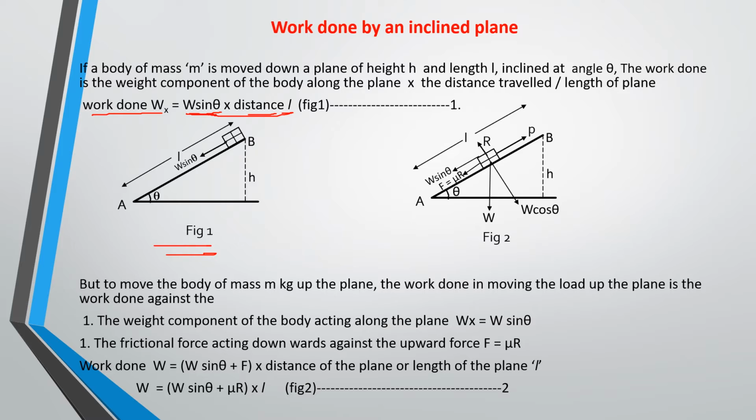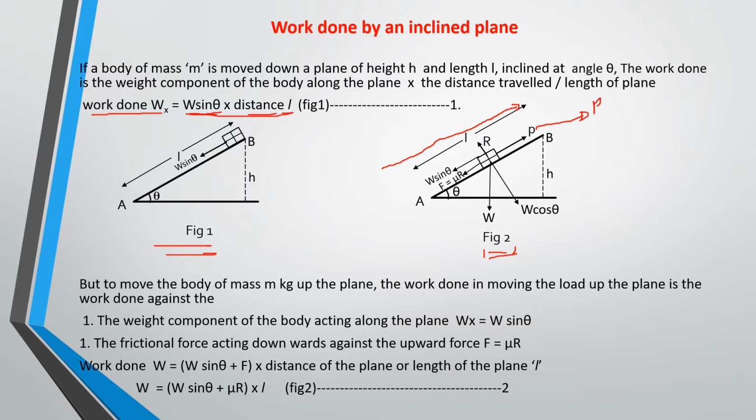Now, for an object that is pulled up the plane, this is represented by figure 2. For an object that is pulled up the plane from point A to point B by force P, we have to overcome two forces.